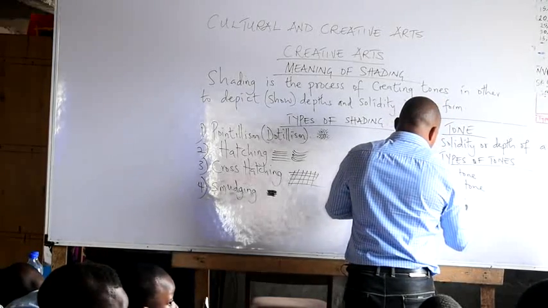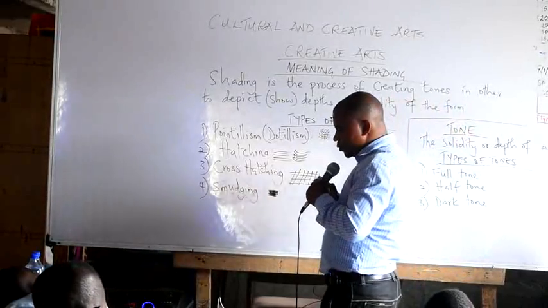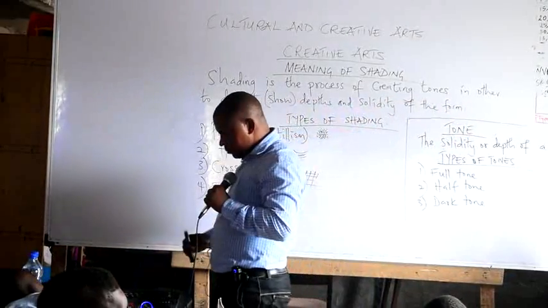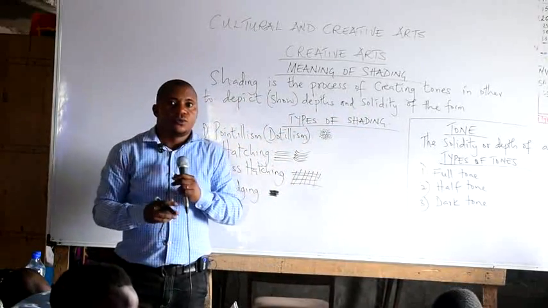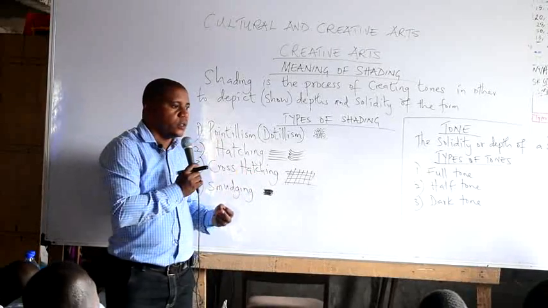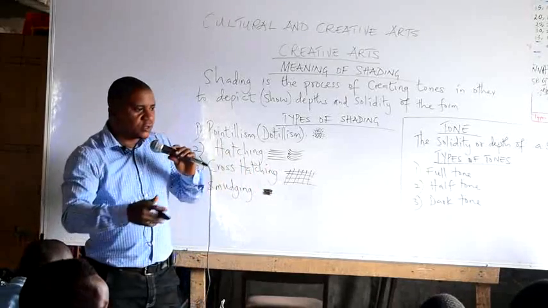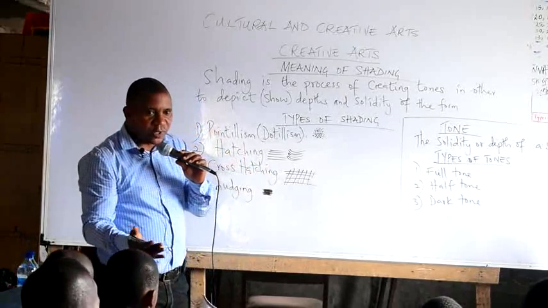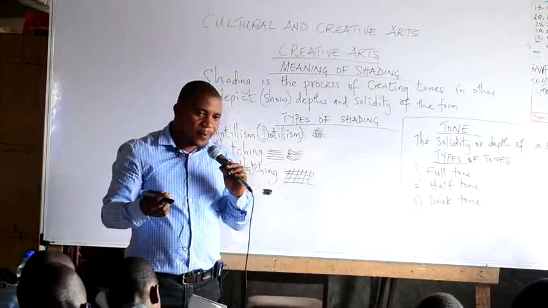We have dark tone. That's where the note will end for today. When we now begin to draw and shade, you will understand. But let me just use the class, for example, to explain what is full tone, half tone, dark tone.